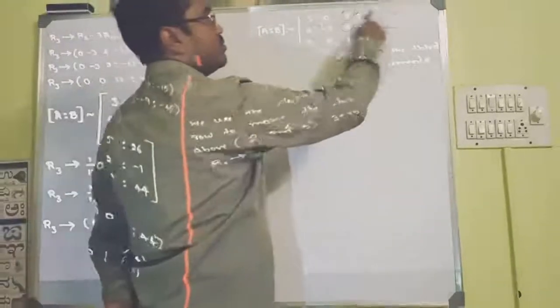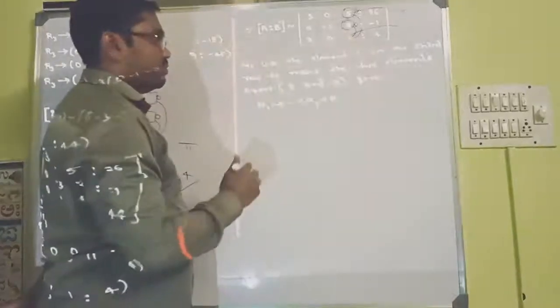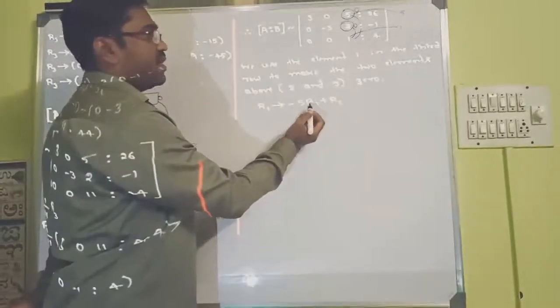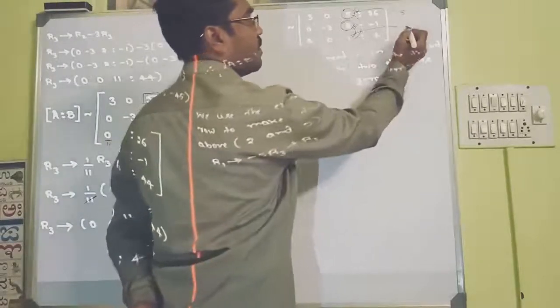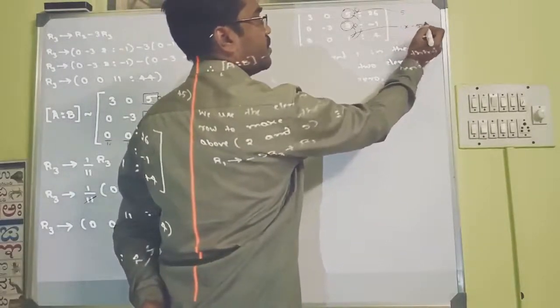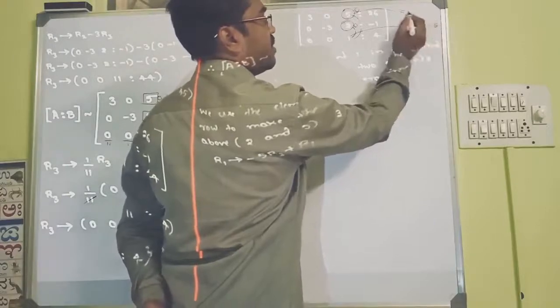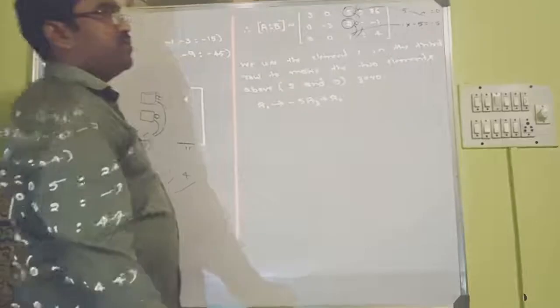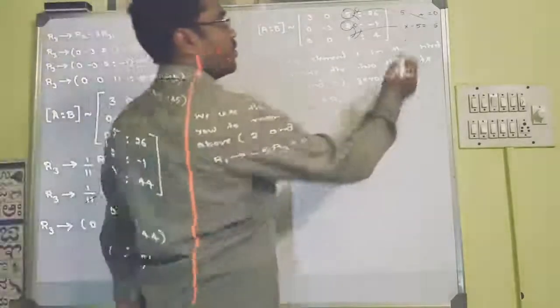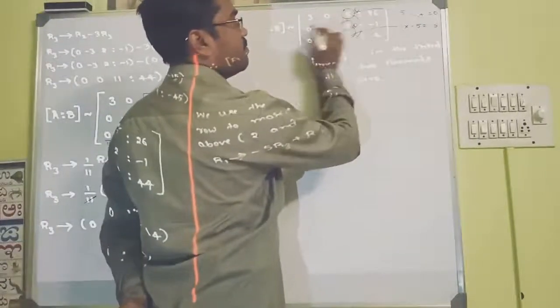R1 changes to minus 5 times R3. Multiply this by minus 5. You will get minus 5. Then add. Your answer will be 0. So how are we going to change our R1?